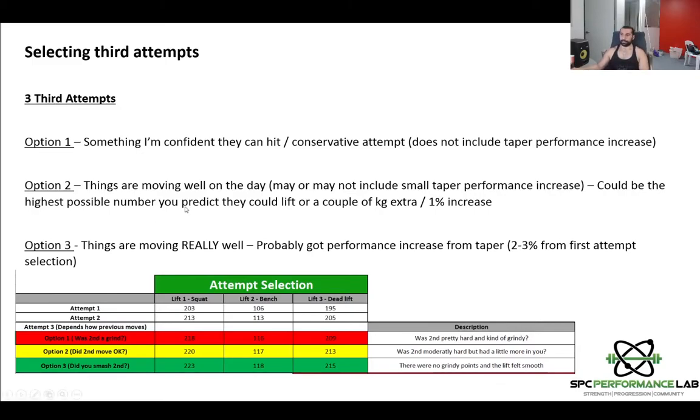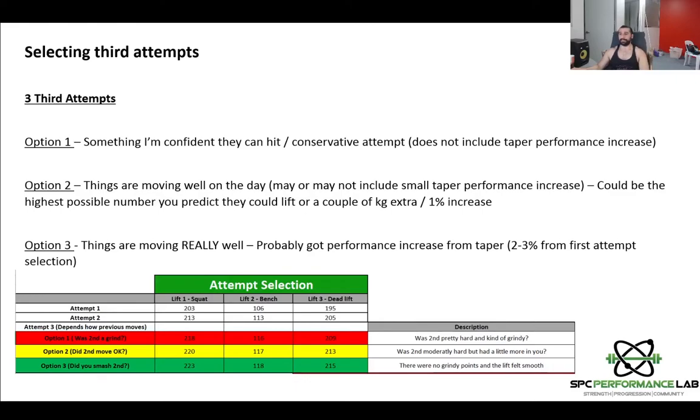And you can see down here how I've got attempt 1, attempt 2, and now these 3 options for the third attempt. This is actually from one of the lifters I had on the day. Option 1 was a bit of a conservative one, 218. Then 220, which I think is going to be a real big grind. 220 for this particular lifter was something that they missed in their last comp, which was 8 weeks before this comp.